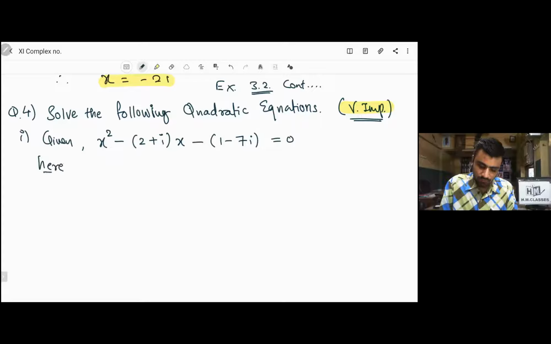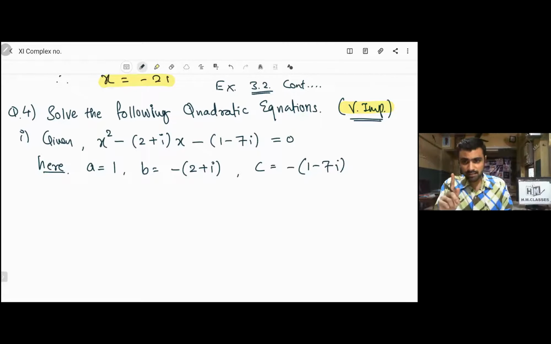So here you can notice a is equal to 1, b is equal to, along with the sign you have to take, minus (2 plus i), and c is a constant, that is again negative as they have provided, that is minus 1 minus 7i.